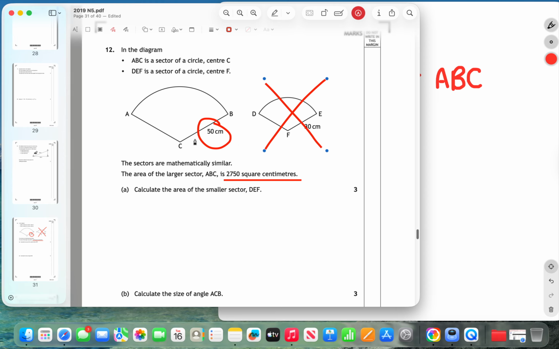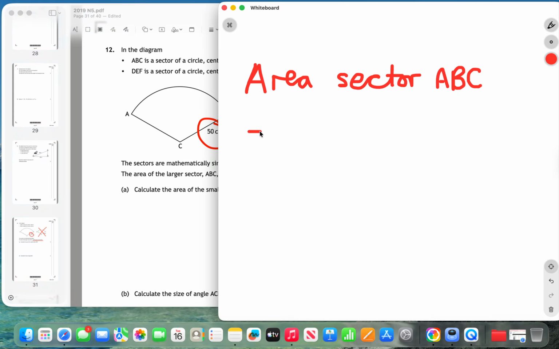We'll call this one RBC so we don't get it mixed up with the other sector.